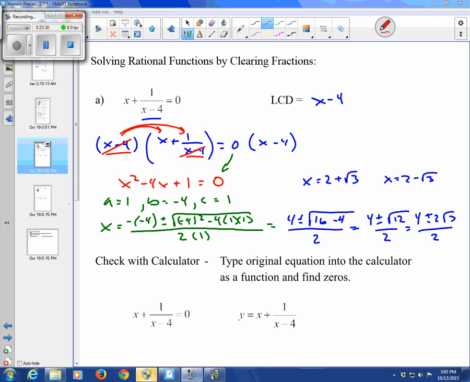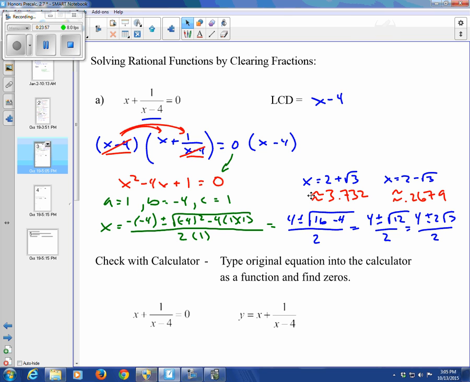These solutions would be approximately 3.732, and approximately 0.2679.